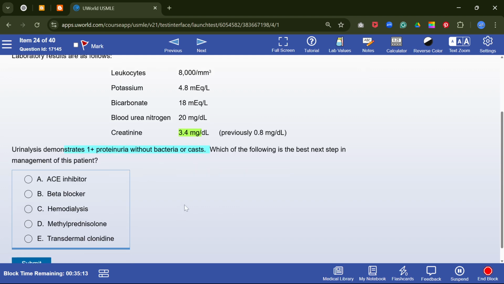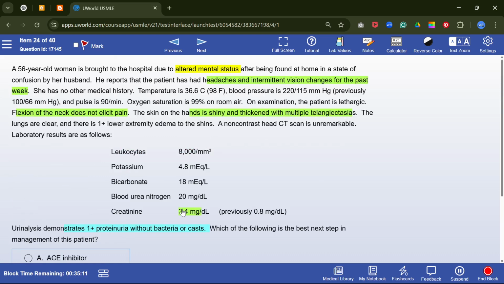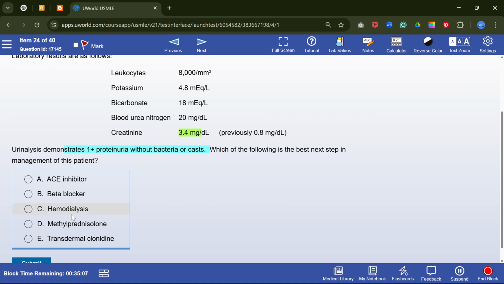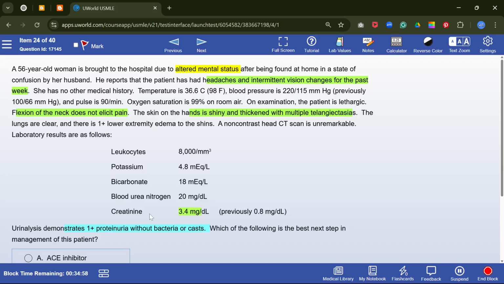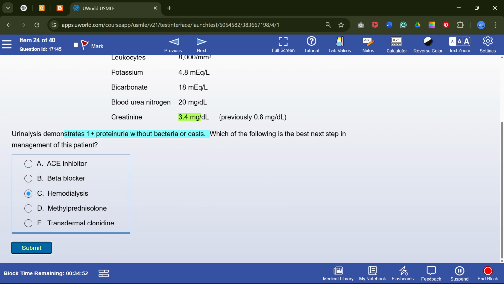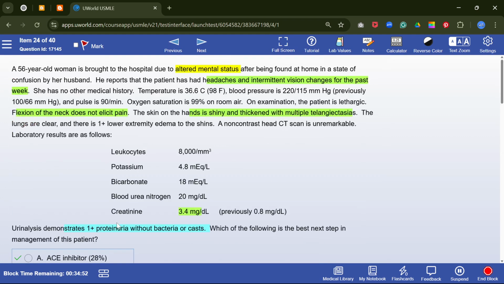I mean, they said she... So is it acute kidney injury? Next. Okay, wait. First diagnose. Wait.